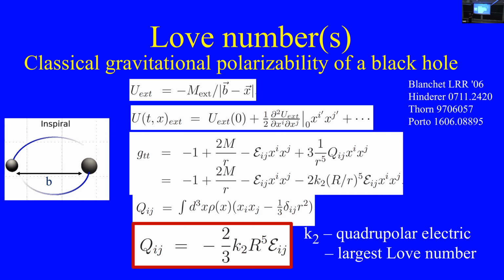You can do the same for the higher L's, and there are also magnetic Love numbers, which are just the analog of the electric and magnetic parts of the Weyl tensor.